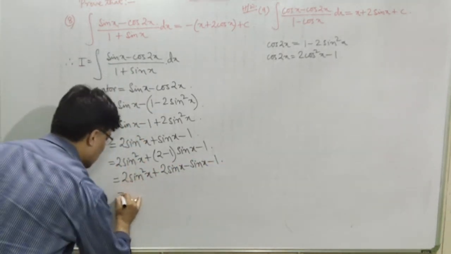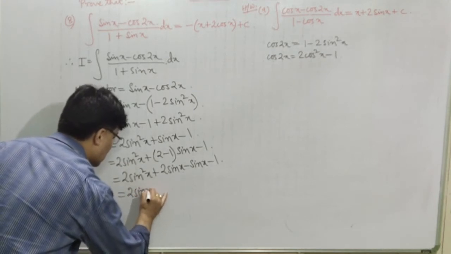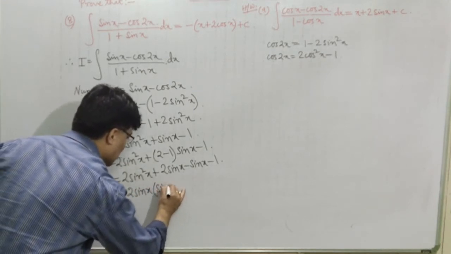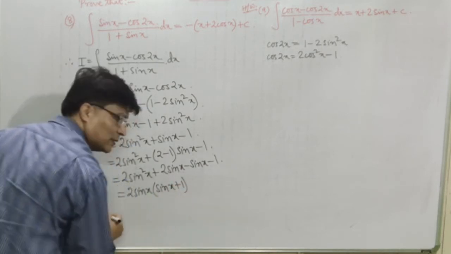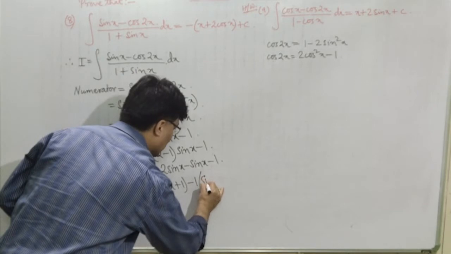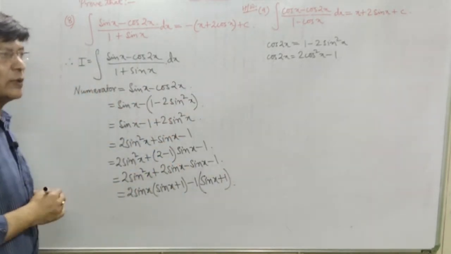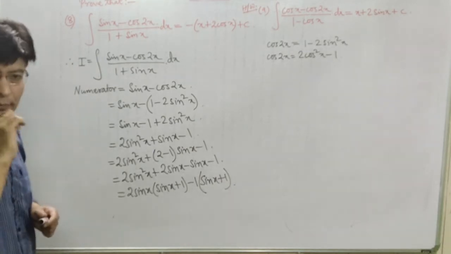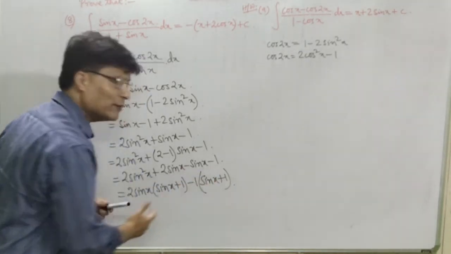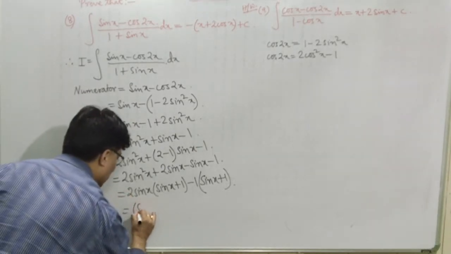Okay, so let us take out common from the first two terms. What is common? It is 2 sin x, within bracket, sin x plus 1. Then minus 1 is common here. So within bracket, what do we get? It is sin x plus 1. So in minus sin x minus 1, there is only minus common here. So within bracket, we have sin x plus 1, right? So what is common here again?